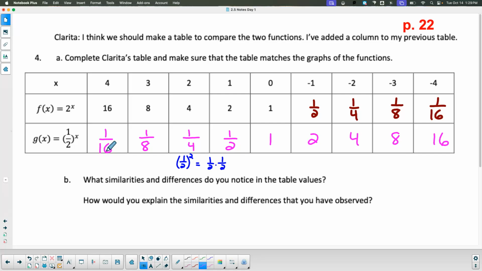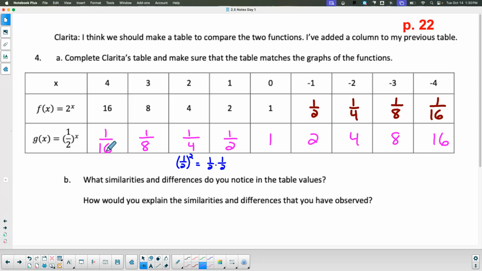Do you notice anything about those two rows, the F row and the G row? What do you mean it's flipped? So one starts with 16, the other one ends with 16, right? Yeah, like that. I didn't know if you meant flip that way or if you meant the fractions were flipped.